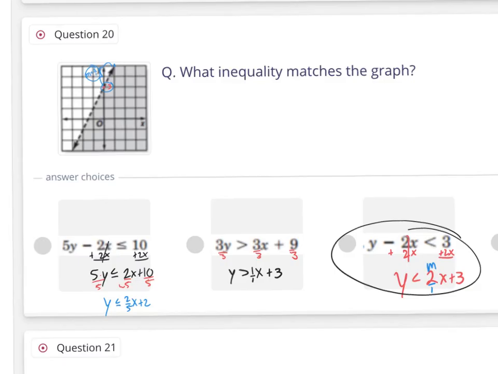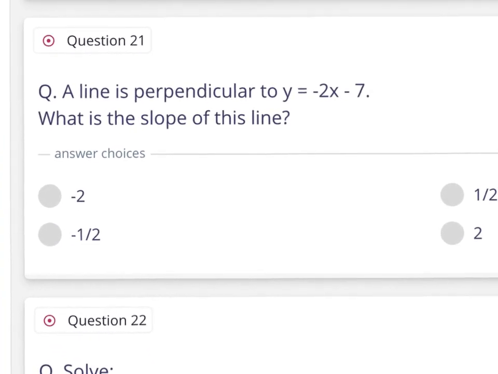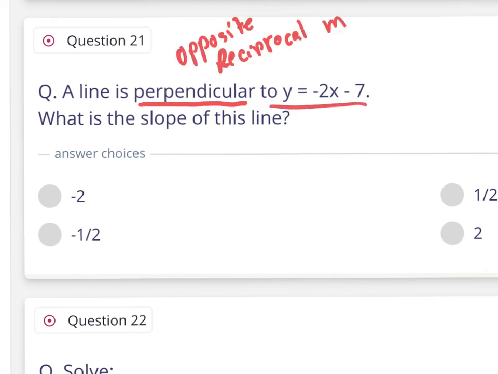Number 21. A line is perpendicular. So this one could be confusing the way it's worded, but it's this simple, guys. Where it says a line is perpendicular to this line, what does perpendicular mean? It means opposite reciprocal slope. So what is this slope? It's -2. So what I'm going to do is the opposite.